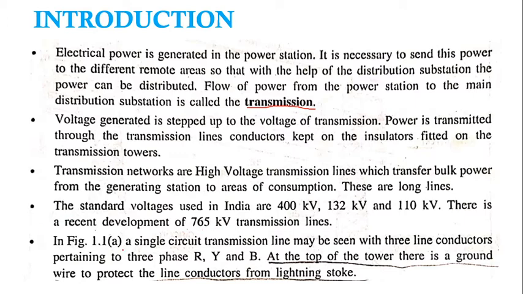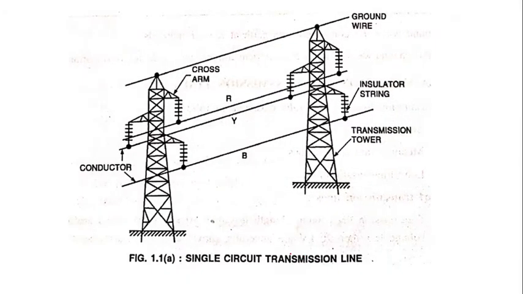Now we are going to see figure 1. A single circuit transmission line may be seen with 3 line conductors for the 3 phases, that are R, Y and B. At the top of the tower there is a ground wire to protect the line conductors from lightning storms. Here is figure 1, a single circuit transmission line.